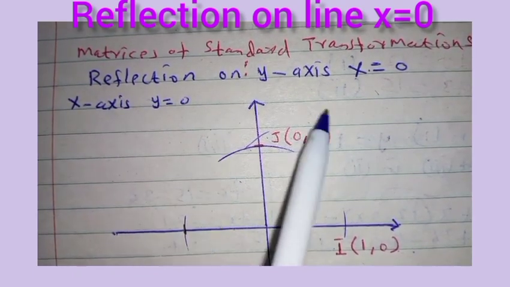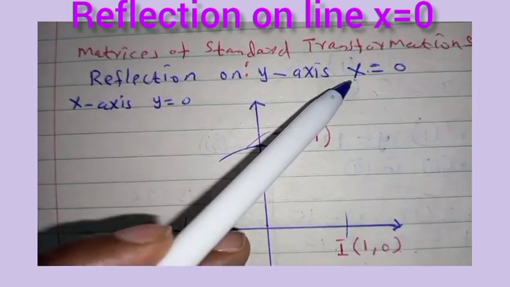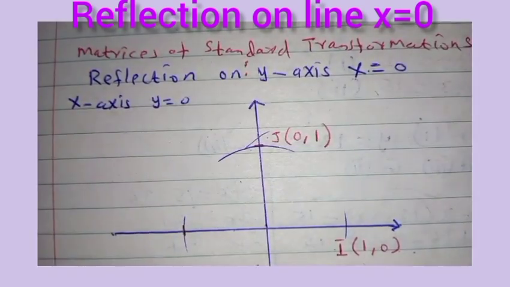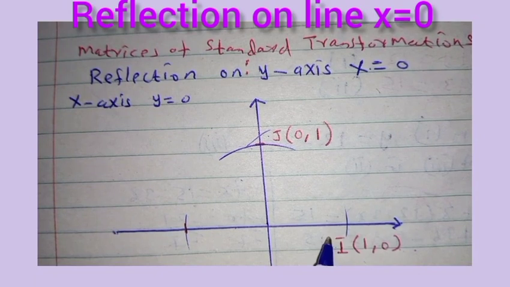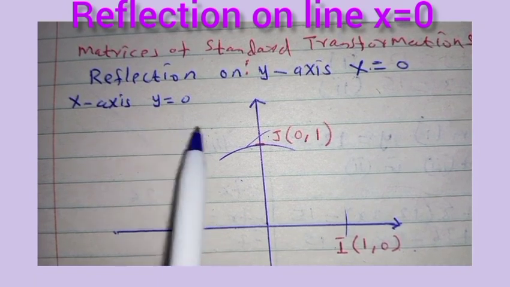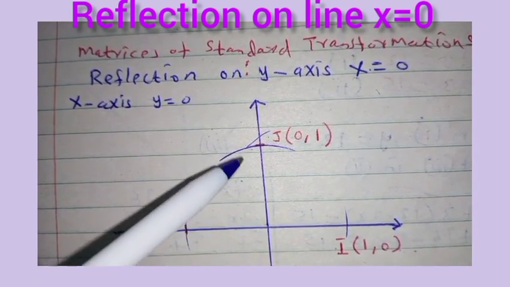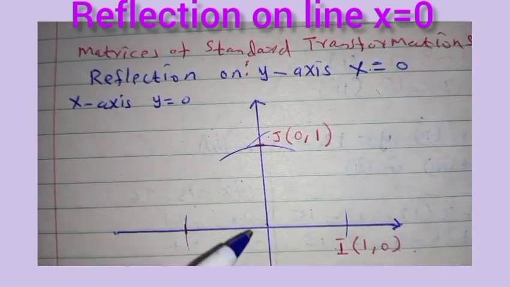Reflection on the y-axis, along this axis x is equal to 0. Also, we are going to consider the reflection on the x-axis, whereby y is equal to 0 in this case. So we begin with the first one, reflection along the y-axis.